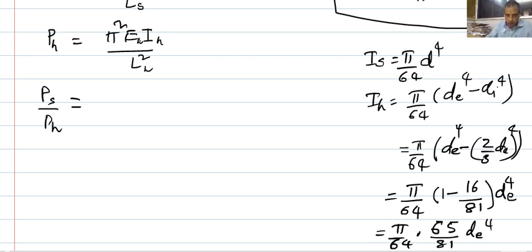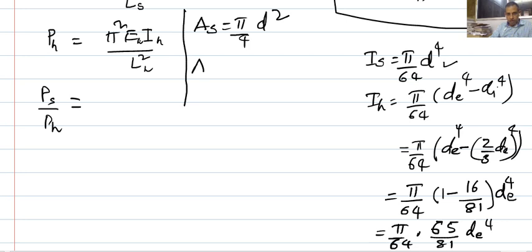Okay, this is what. But now I don't know the capital D and small d, but he has also given that areas are same. So what is the area of a solid? Pi by 4 d square. What is the area of a hollow? Pi by 4, not cap anymore, d e external square minus d I square.